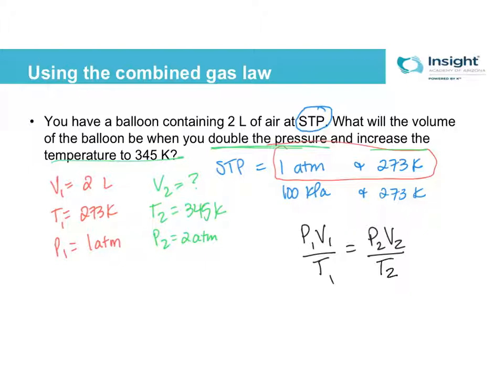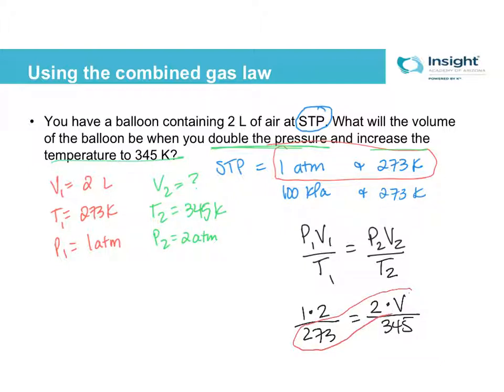So I've got 1 times 2, 1 atmosphere times 2 liters divided by 273 is equal to 2 times my new volume over 345. All right, I'm going to cross multiply again here.